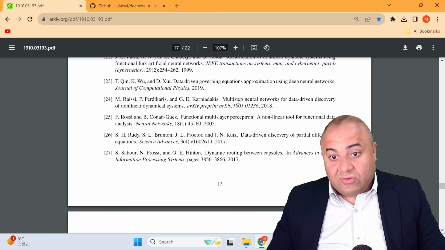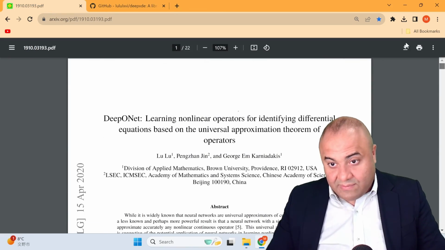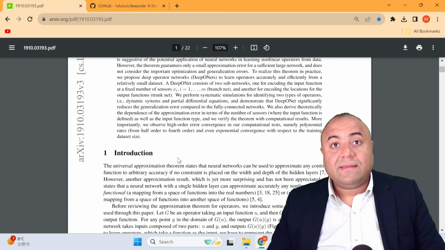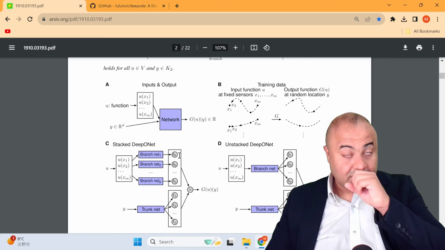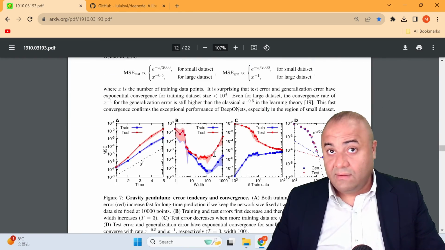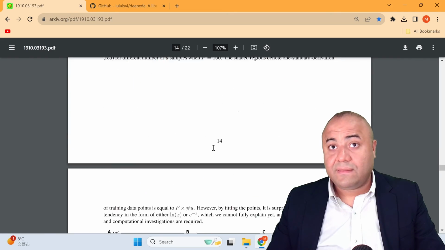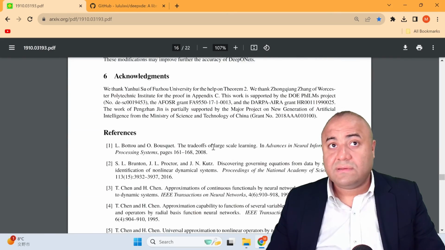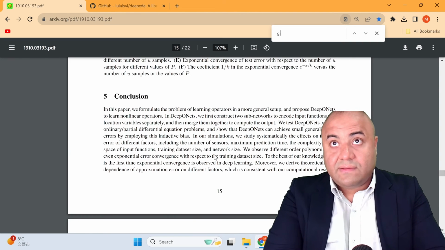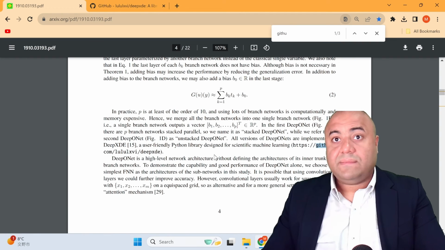Now, in this paper also, we can see, this is also a bit important, the GitHub reference.